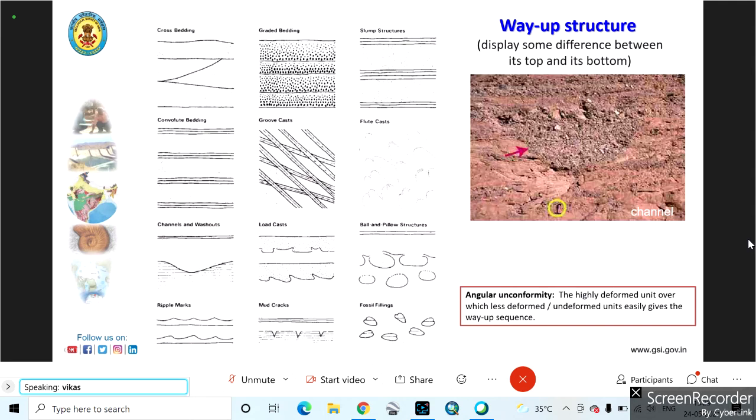Because any place you are seeing an angular unconformity, it is well understood that the one which is highly deformed is lying below, and the less deformed one overlying that highly deformed terrain will be younger. So like this, we can know which side is the younging up direction. Next, please.